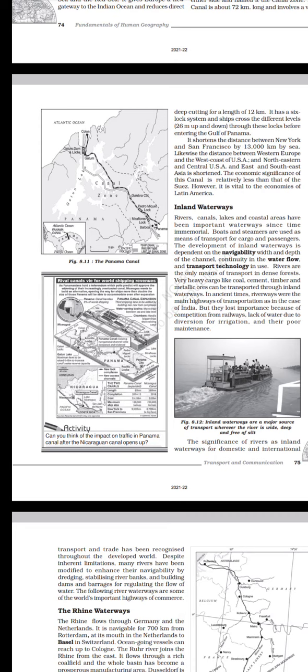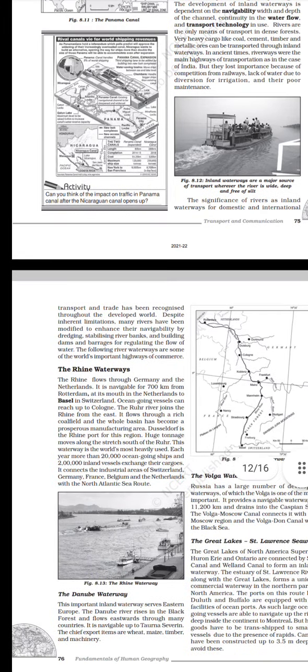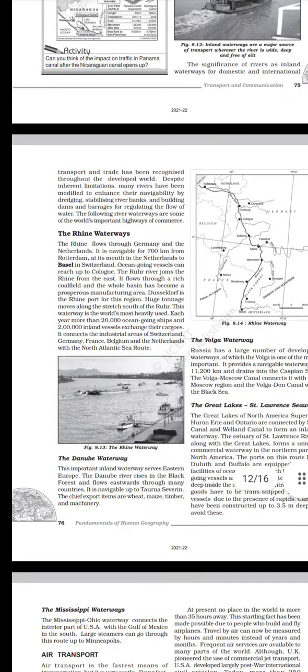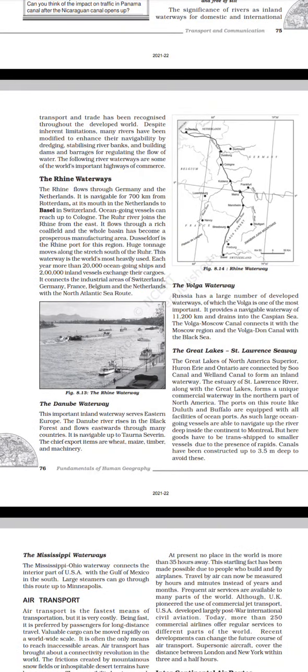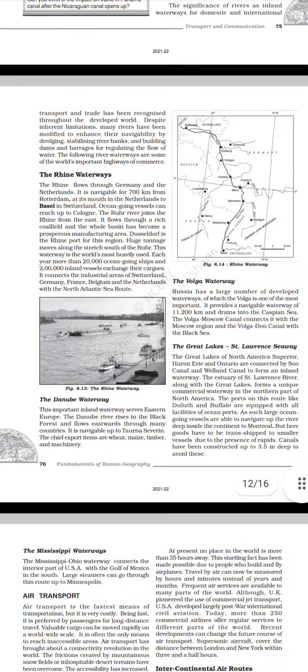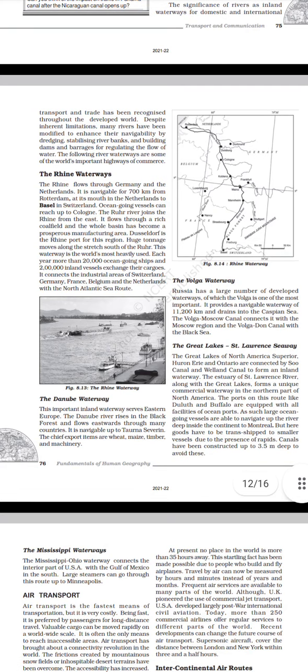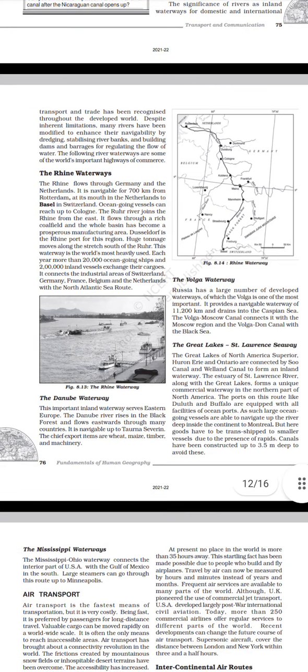The significance of rivers as inland waterways for domestic and international transport and trade has been recognized throughout the developed world. Despite inherent limitations, many rivers have been modified to enhance their navigability by dredging, stabilizing riverbanks, and building dams and barrages for regulating the flow of water.